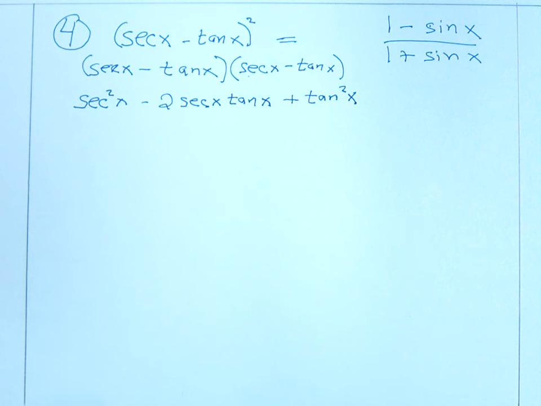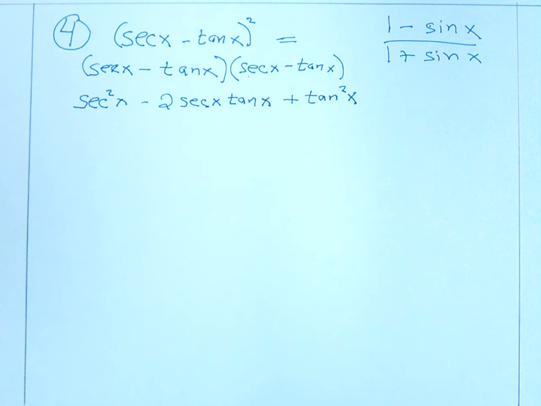Well, I said I wasn't going to do it, but I'm going to write it on the board right now instead of using room right here. Because of FOIL or the distributive property, when you multiply secant minus tangent times secant minus tangent, and I'm going to use the acronym FOIL. First times first is secant squared, yes?